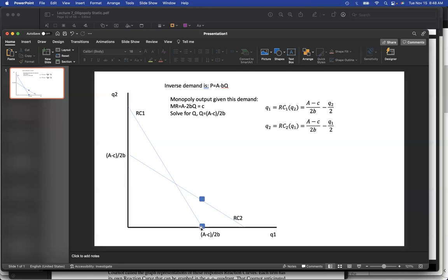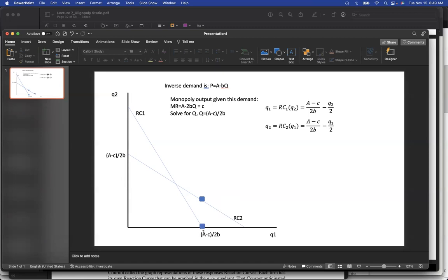Do you guys remember Nash equilibrium? And this is the key, important concept here, actually, that this picture here is just a reflection of Nash equilibrium. And Nash equilibrium simply states that the strategy of each player in the game has to be the best response to every other firm's output, and no firm has an incentive to change.